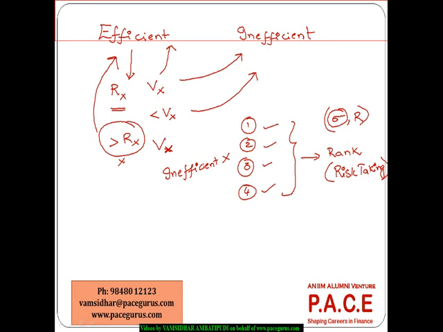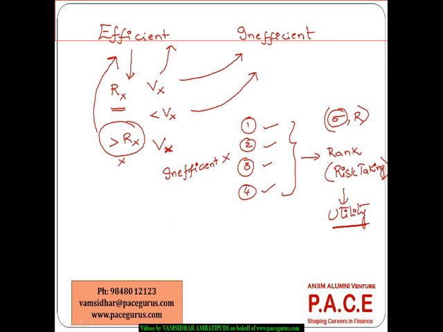So the ranking is done purely based on the utility function, which particular combination of the risk and the return will enhance the satisfaction levels of the investor. So that is how an efficient portfolio is typically chosen, right?